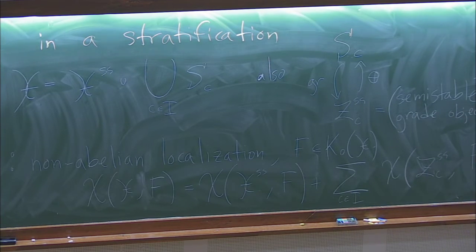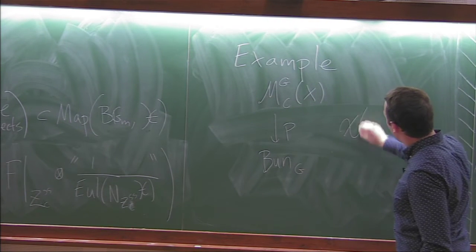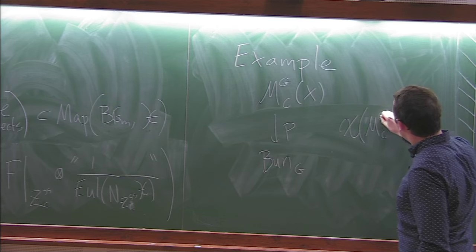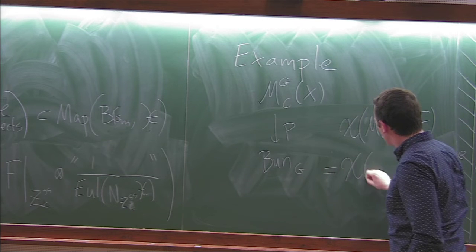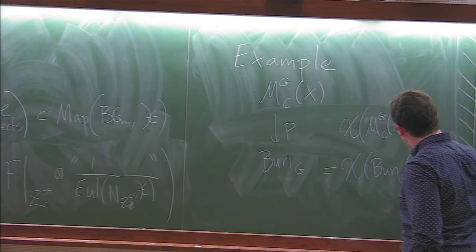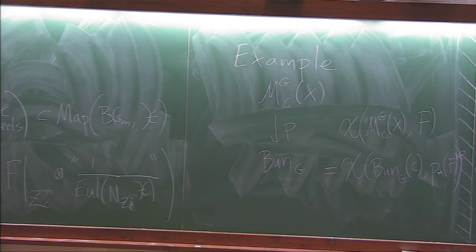So in the example we were discussing, MCG of x, I have this map P down to Bun G, and the K-theoretic index on MCG of x of some tautological class is equal to the K-theoretic index on Bun G of the pushforward. So when you want to integrate some tautological K-theory class over this large moduli stack, you can push forward to Bun G and integrate it there.